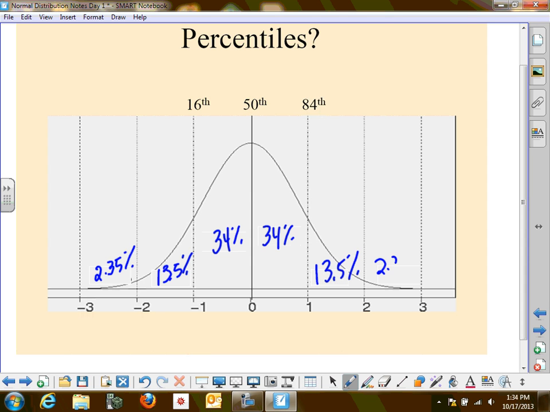2.35%. Okay, now, the next piece of vocabulary that I want to walk you through is percentile. Have you ever heard of something like you're in the 75th percentile? Percentile references the area below your mark.